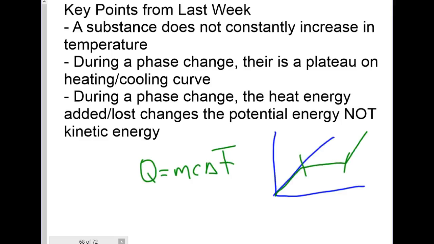What we need to use is a new formula. I'm going to show you what the new formula is, and then we're going to do some practice with that. Tomorrow, we're going to combine Q equals mc delta T with the new formula to figure out how much energy is being lost when something like this occurs.